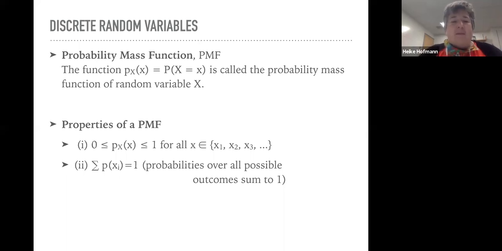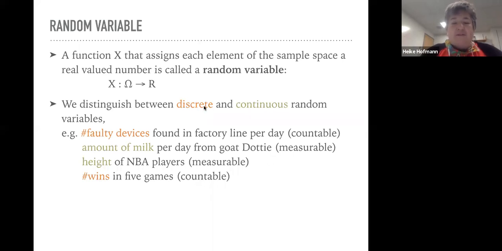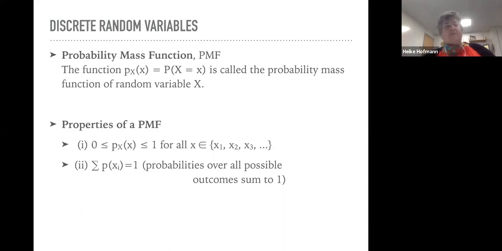So let's assume that we've got a discrete random variable. We distinguish between discrete and continuous random variables. Discrete means we can enumerate, we can count the number of outcomes, whereas continuous means the outcome is measurable, but we can't count it. Let's have a look at discrete random variables first.